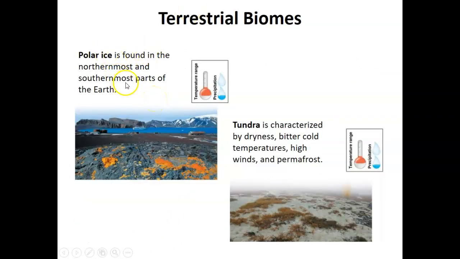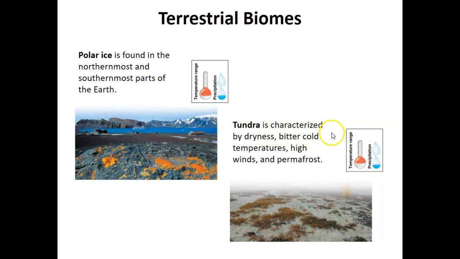Polar ice is found in the northernmost and southernmost parts of the Earth. It is extremely cold. The temperature here is often below 0 degrees, and there's not much rainfall. Over the years, most of the time, it is covered by ice. The animal you can find in this biome is the polar bear.